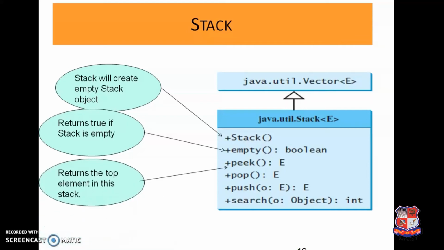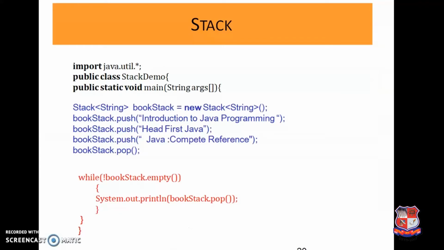Then we can use the peek method to get the top element of the stack. Peek and pop are similar, but pop returns the top element and also removes it from the stack, while peek will not remove the top element from the stack, it will return it only. Push, we have discussed, will insert an element into the stack. With search, we will be able to search an element in the stack and it will return the position of the element in the stack.